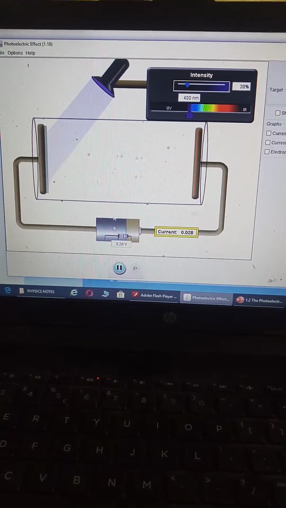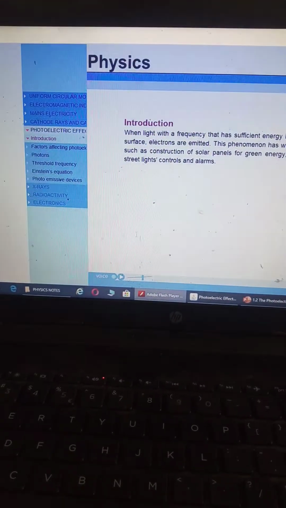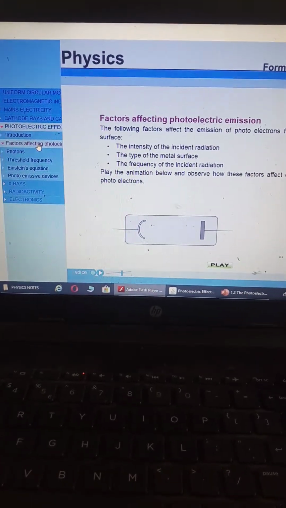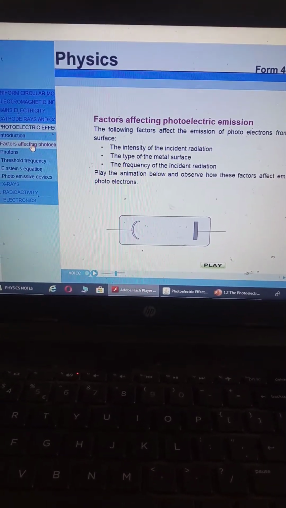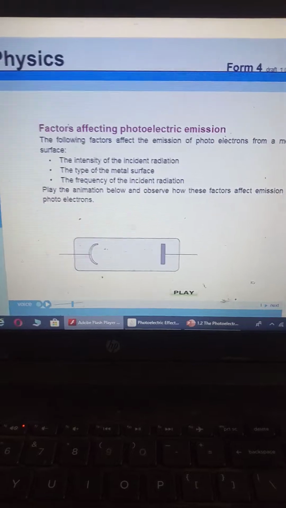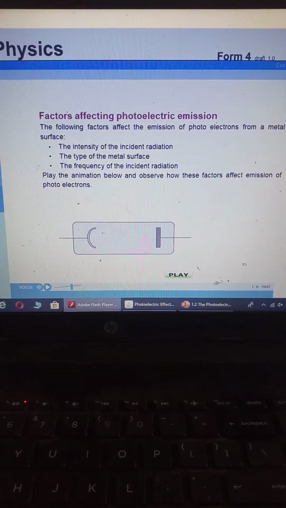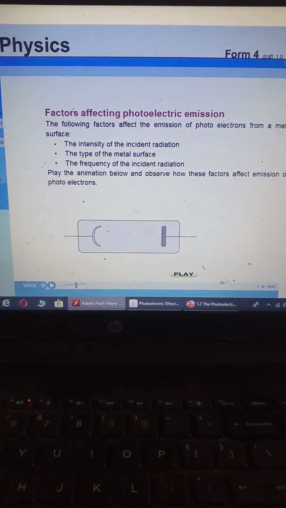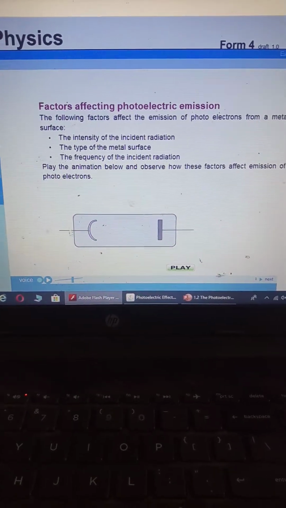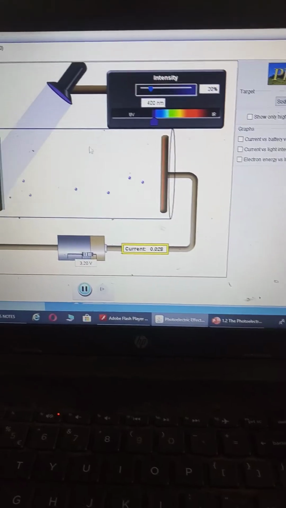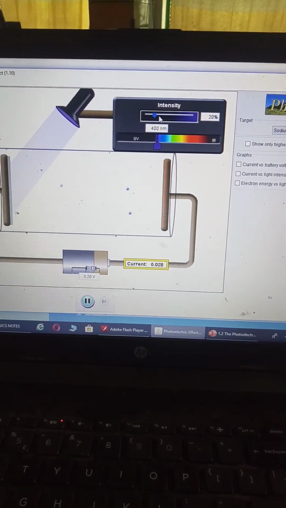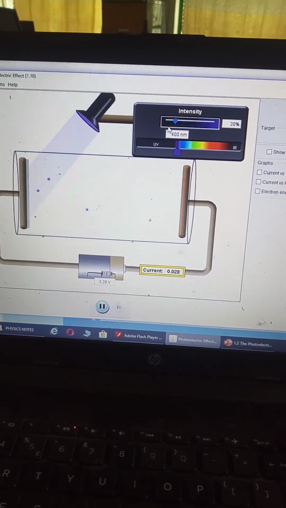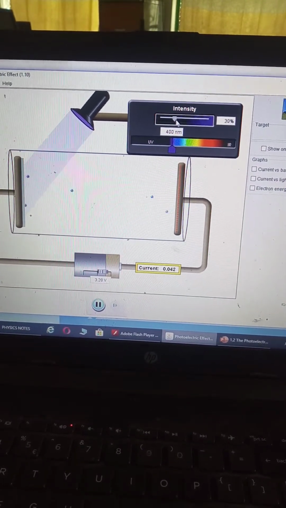Now we move to the factors affecting the electrons that are going to be emitted. We look at these factors in terms of the experimental setup. The first factor is what happens if we increase the intensity of light.